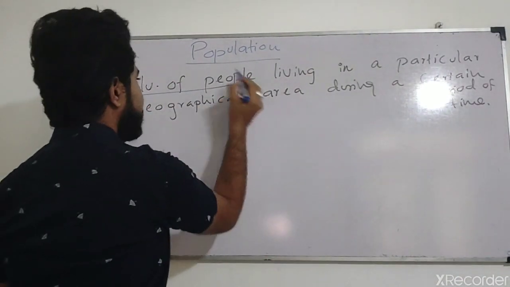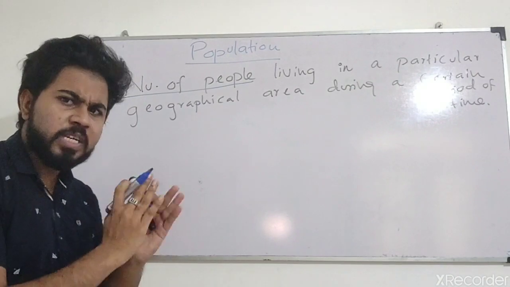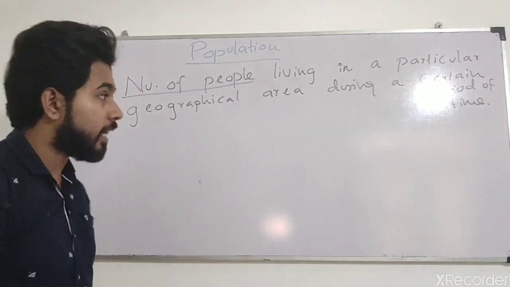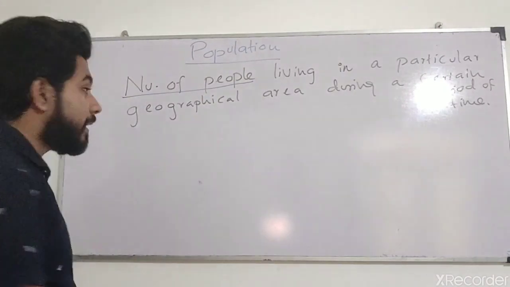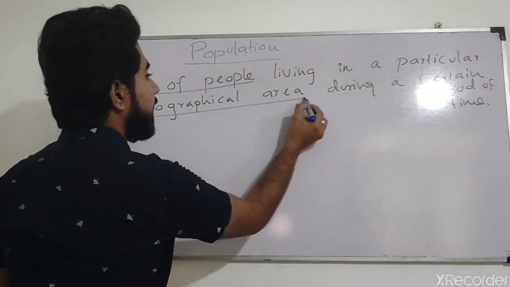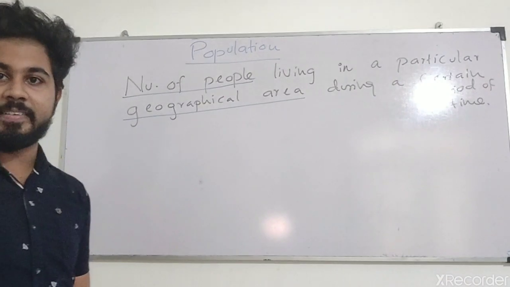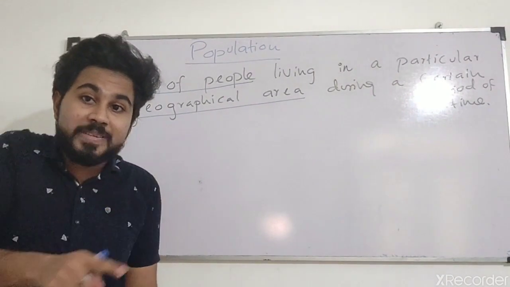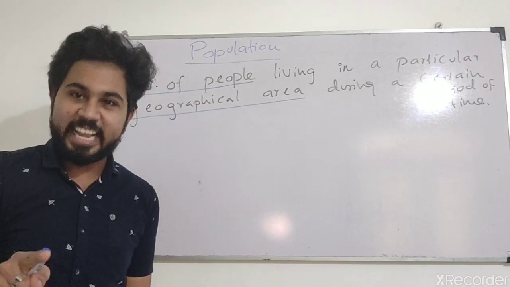Number of people. That means we are focusing on the number of persons or number of people. And the other one, living in a particular geographical area. That means we are focusing on a specific geographical area.